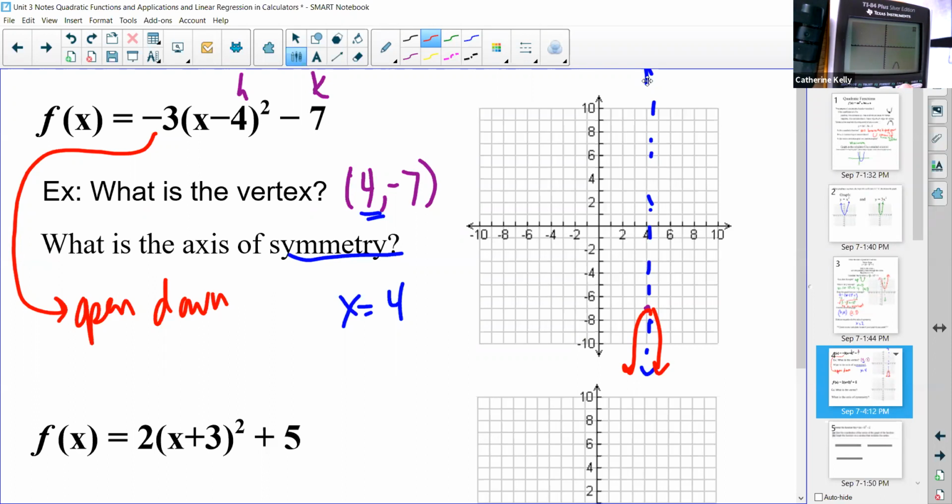I'm going to go to second graph so that I can calculate the maximum now. Second trace, maximum.